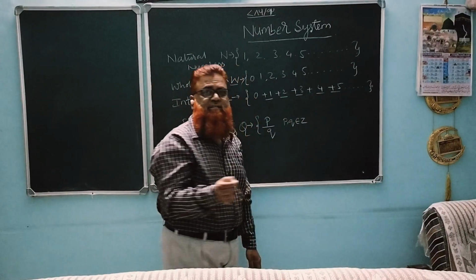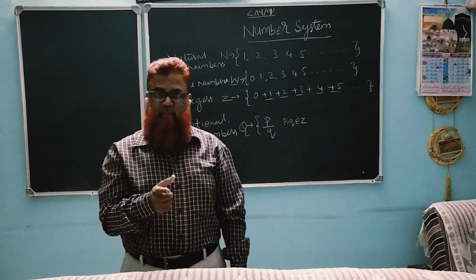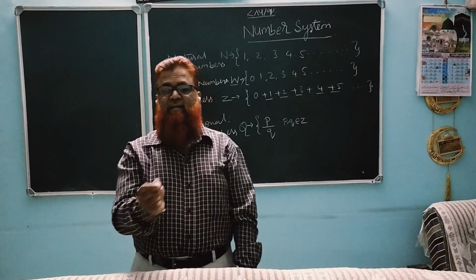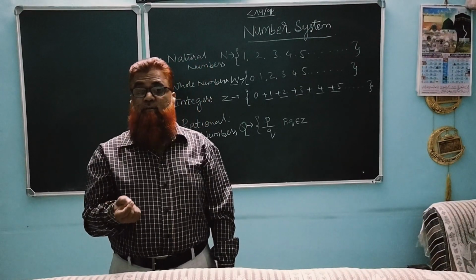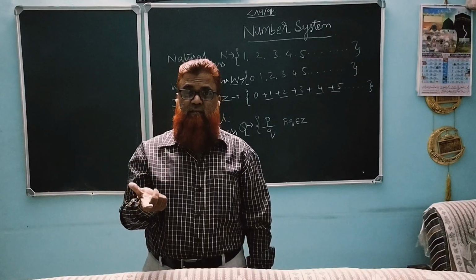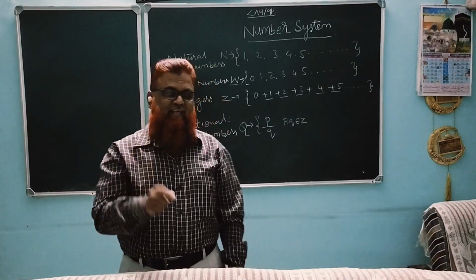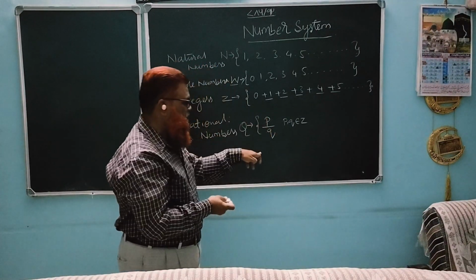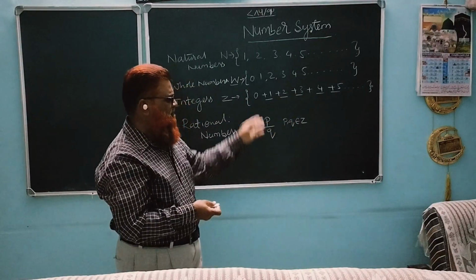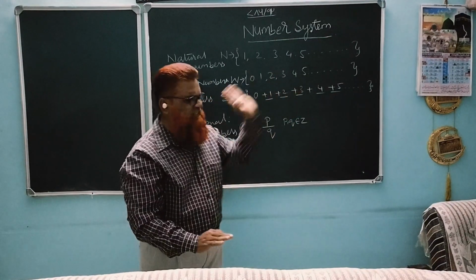It is a conditional set. I repeat, viewers, it is a conditional set. You may be surprised to know what the condition is. The condition is here: when you write p by q, you can represent here any number from the integers.